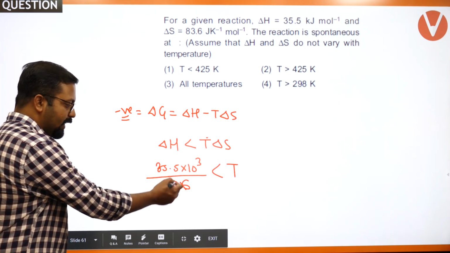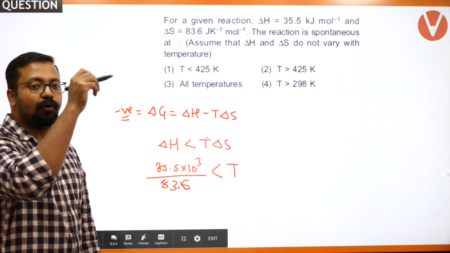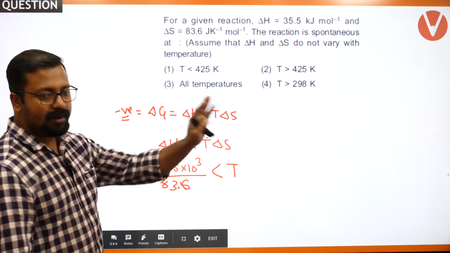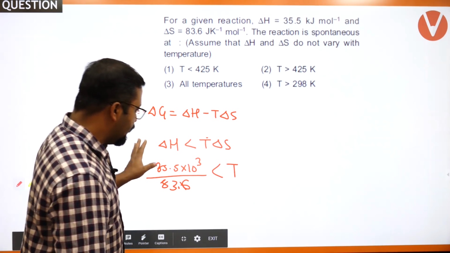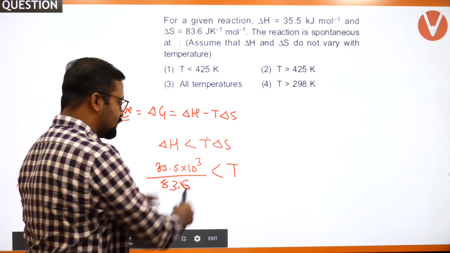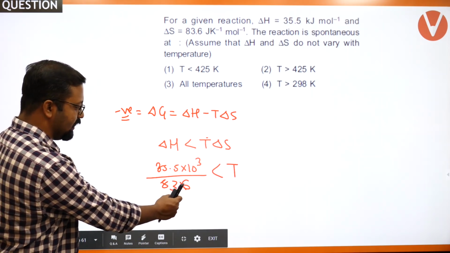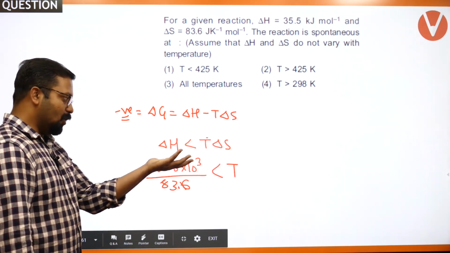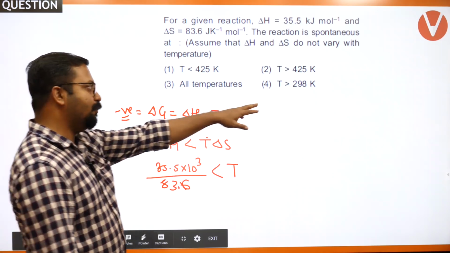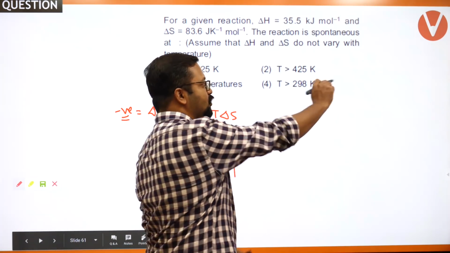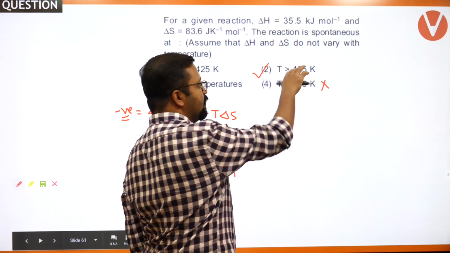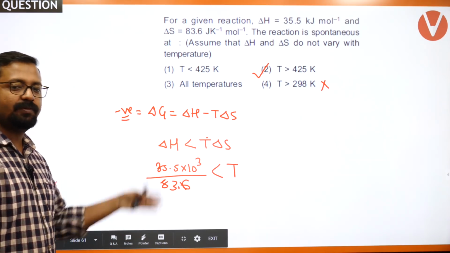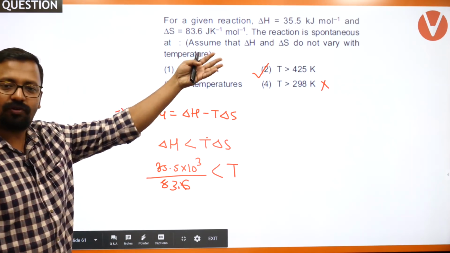So 30 by 90 becomes 1/3, and 1000 by 1/3 is 333 something, 333.333 continuing. I increased one and decreased the other, and this temperature turns out to be 333, which is more than 298. So 298 is not possible. The right answer possible will be 425. It has to be more than that. Taking such an approximation gives 333, so the right answer will be 425 only.